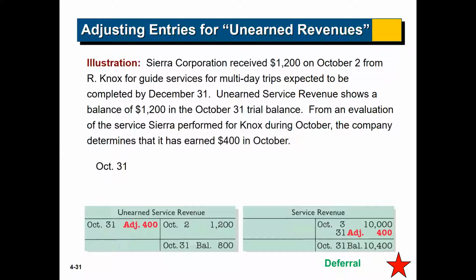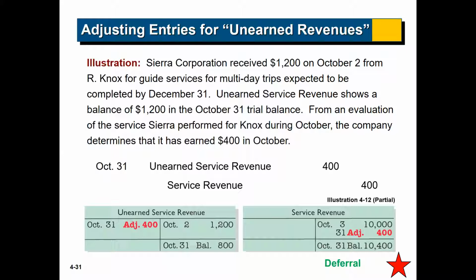So it's going to move $400 from unearned revenue to service revenue. So it's going to debit unearned service revenue, $400. It's going to credit service revenue, $400. So you're recognizing the amount that you've actually earned.